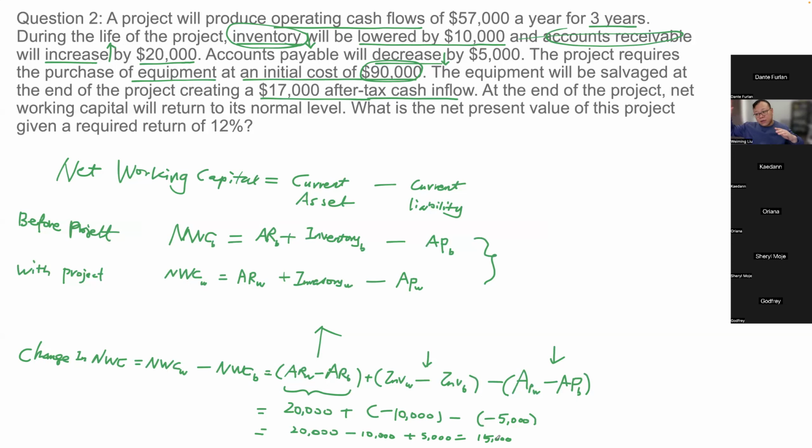So that's kind of your expenditure in the very beginning, cash outflow. But at the end of the project, that working capital level returns to its normal. So that would release that $15,000 cash out, right? So in the beginning, it's a negative 15,000. At the end of the project, it will be a positive $15,000. Does this make sense? 1, 2, 3.